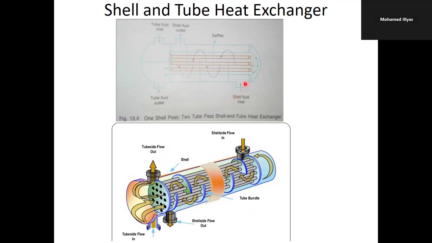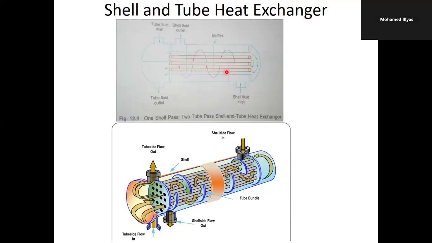When the shell fluids are flowing, baffles have been provided to change the direction of the fluids so that we can provide turbulence for those fluids, which will enhance the heat transfer rate here. So it has been found that the shell and tube heat exchanger gives a relatively higher heat transfer rate when compared to the double pipe heat exchanger.